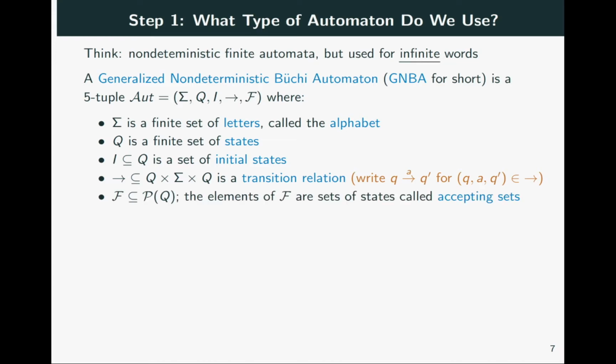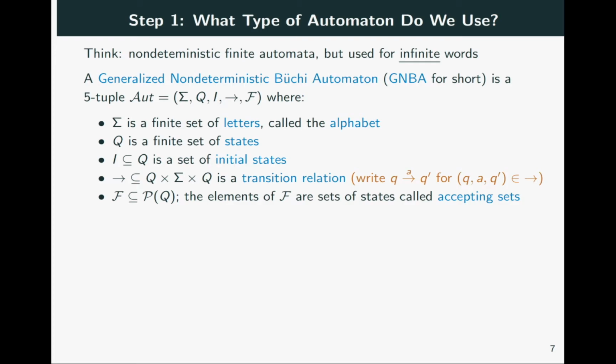The fifth component, calligraphic F, is a subset of the power set of Q, which means it is a set of sets of states. Its elements, which are sets of states, are called accepting sets. This component so far should be familiar to you from non-deterministic finite automata, except that we have a set of initial states rather than just one initial state.